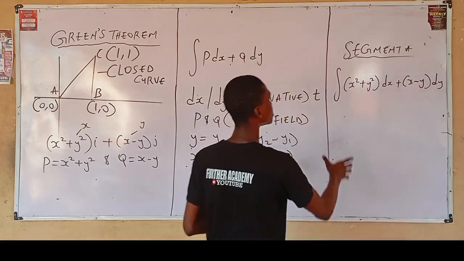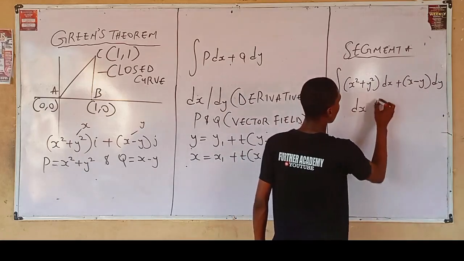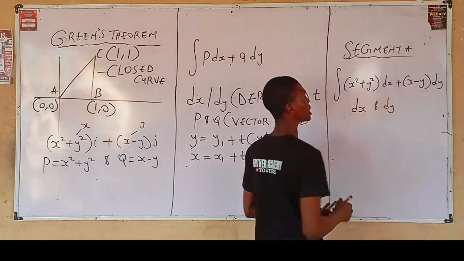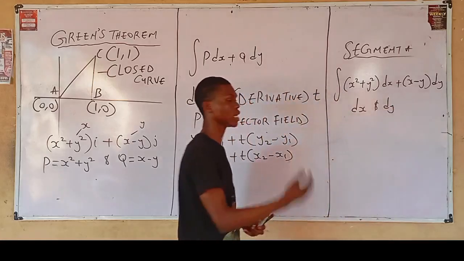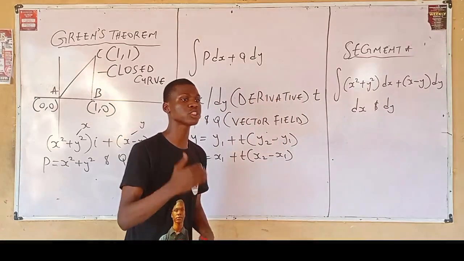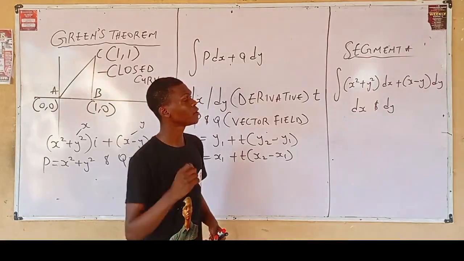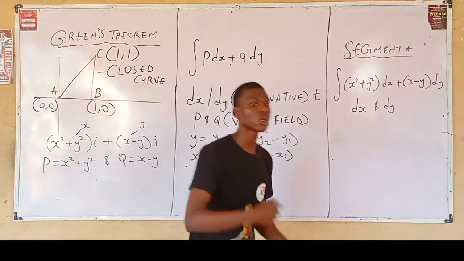But from here, I'm meant to know the x and the y. Now, how do I get the x and the y? From our previous explanation, before you can get the x and the y, you must differentiate. What are you differentiating? You are differentiating the function of x and the function of y.